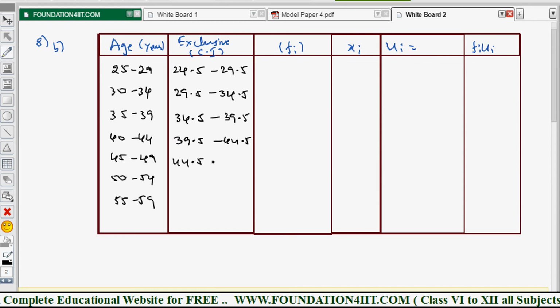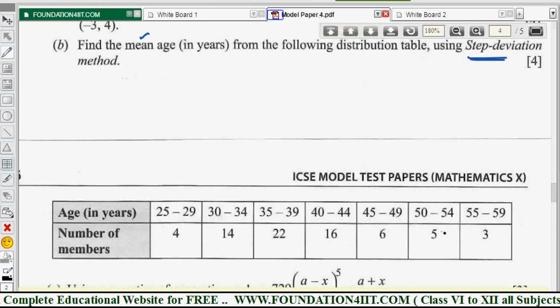Again 44.5 to 49.5, 49.5 to 54.5, and the last one is 54.5 to 59.5. So this is given, and the frequency is also given. That is 4 in the question, 14, 22, 16, 6, 5, 3. Okay, this is the given data from the question.